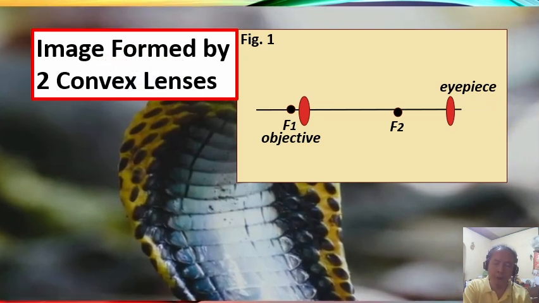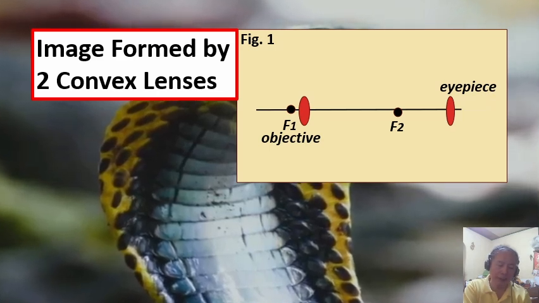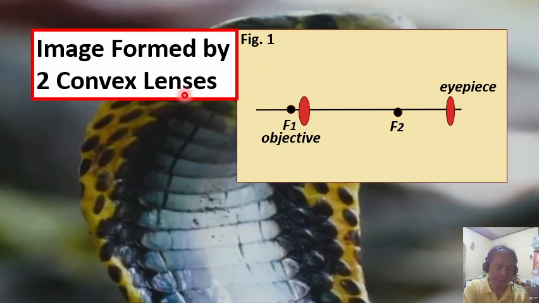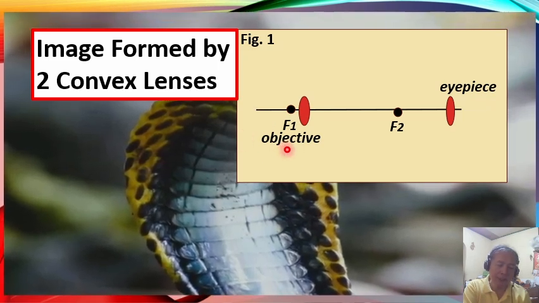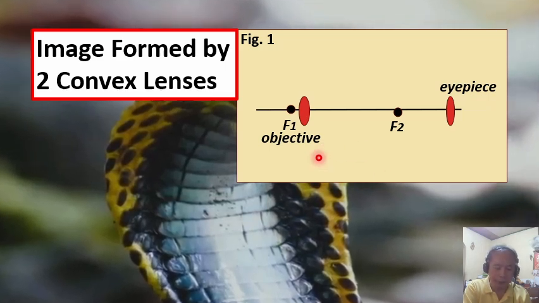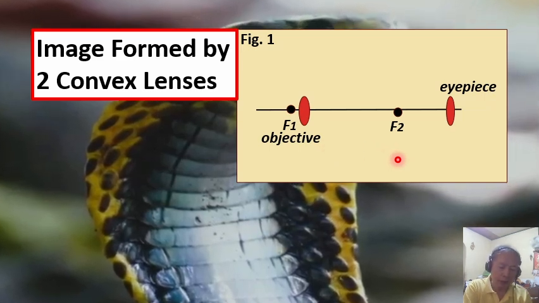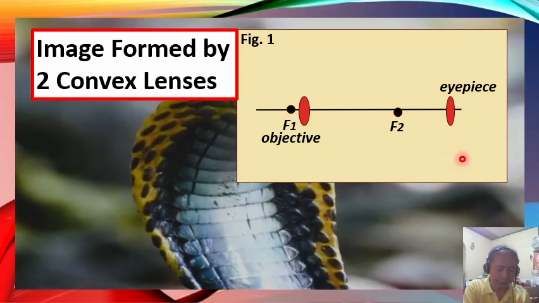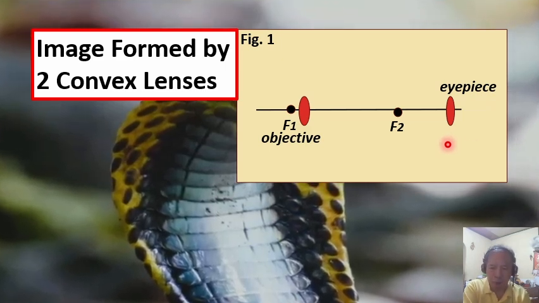As you may recall in your previous lesson on image formation by two converging lenses having different focal lengths as illustrated in figure 1, the first lens, or considered the objective lens in our given problem, has the shorter focal length, compared to the second convex lens, or known as the eyepiece, right, of an optical microscope.